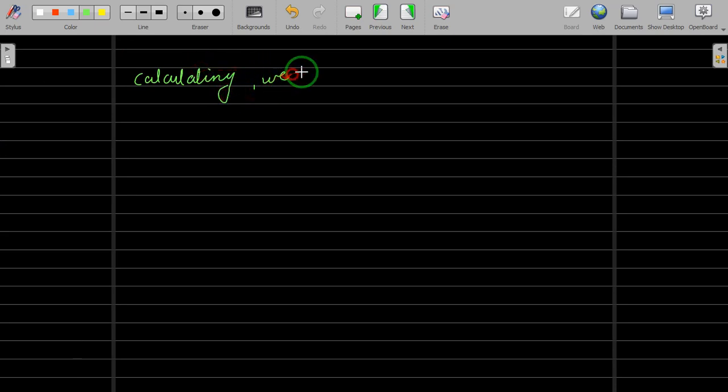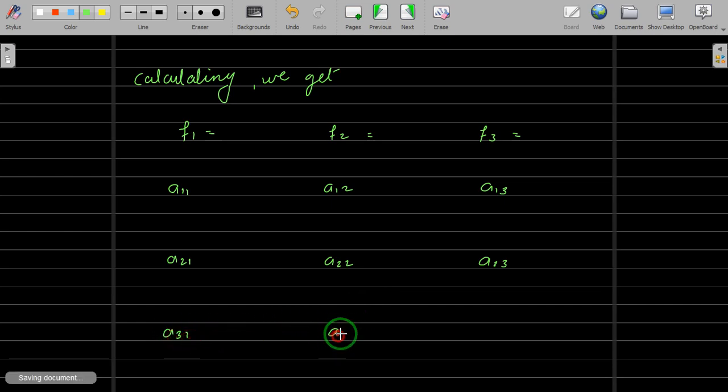Find the value of f1, f2, f3, get the value of a11, a12, a13, a21, a22, a23, a31, a32, a33.